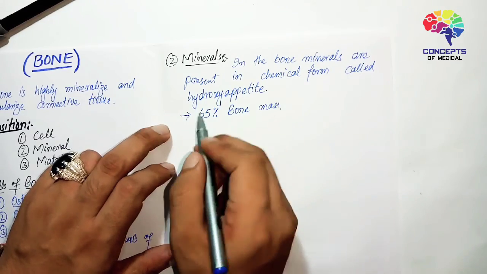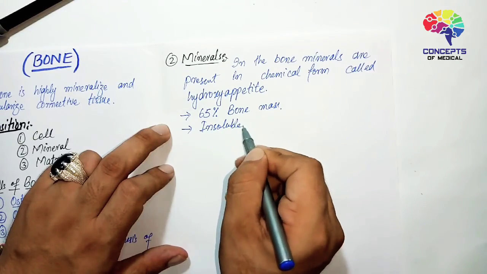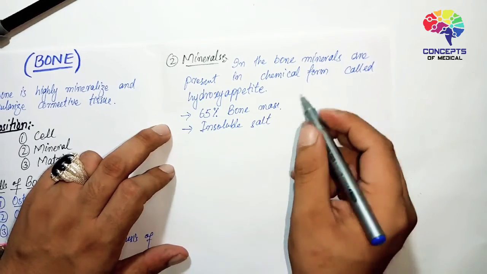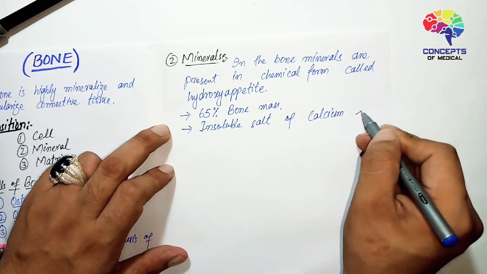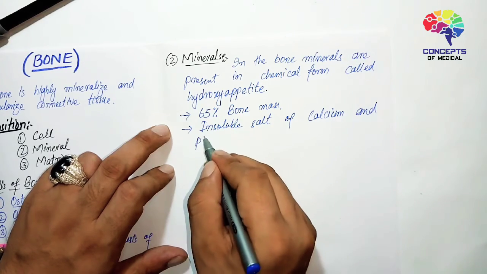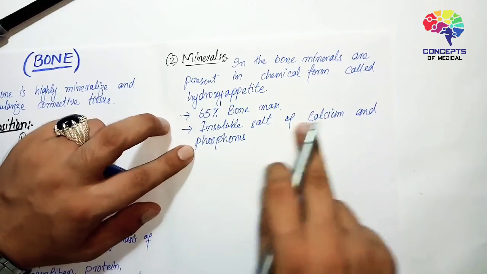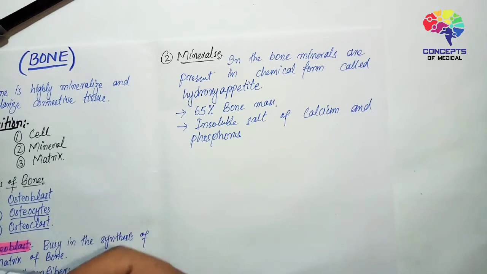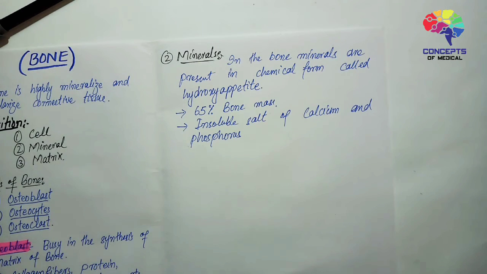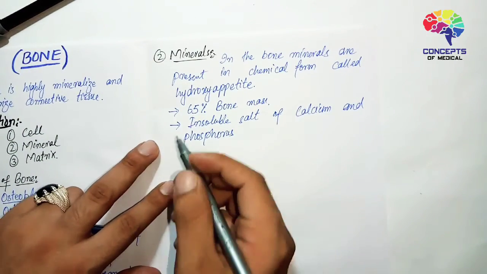And it is an insoluble salt of calcium and phosphorus, right? So it is mainly composed of calcium and phosphorus, and in a little amount magnesium and other substances are also present in the minerals, but mostly it is composed of calcium.